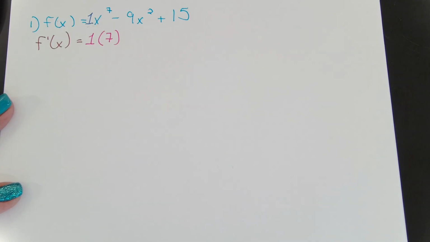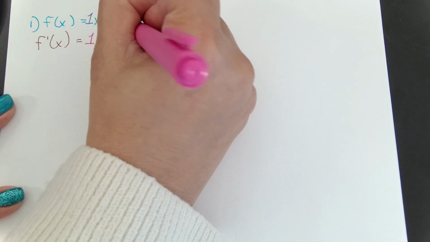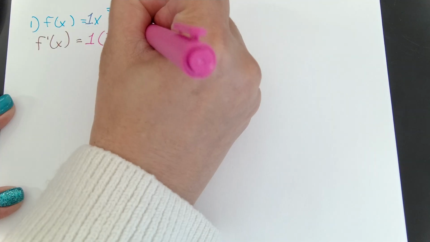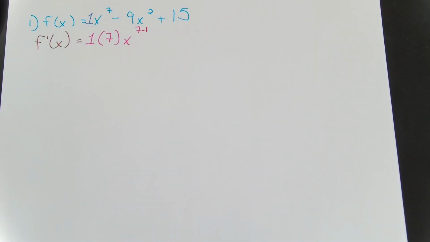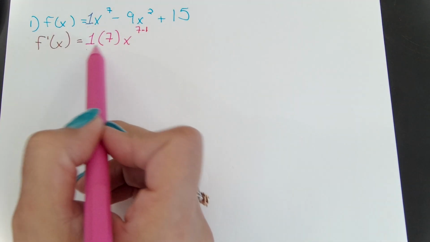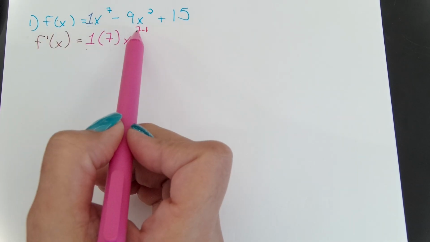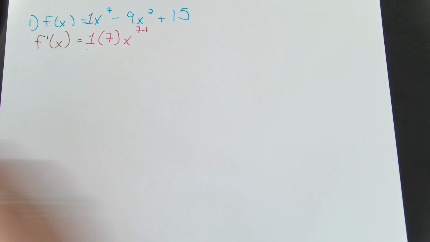So it'd be 1x to the 7? Yeah. And then 7 minus 1. I'm just using my formula. Coefficient, exponent, exponent minus 1. If you are confused, look at your formula.